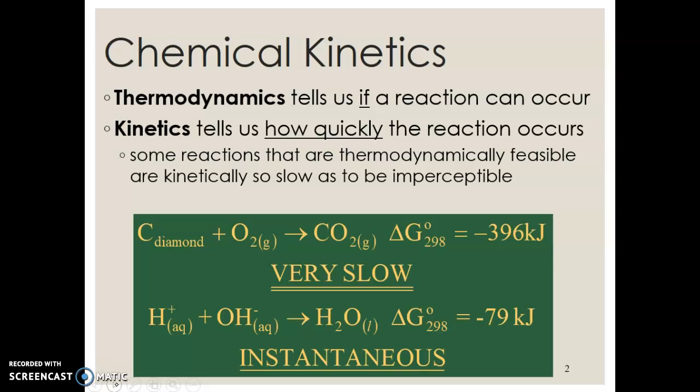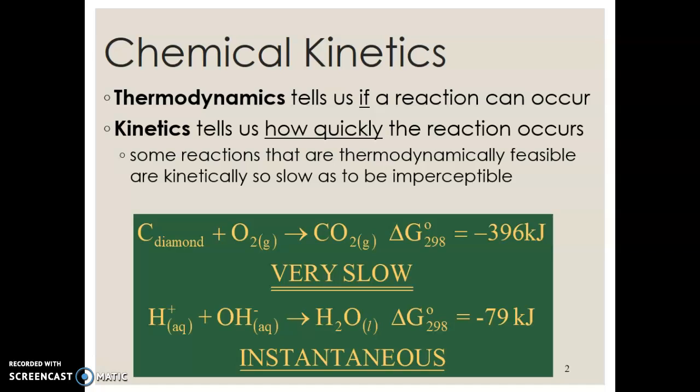So here is an example. A carbon diamond with oxygen produces carbon dioxide. This is a very, very slow reaction. So slow that a lot of women have diamonds, and they're not changing into gas in front of our eyes.